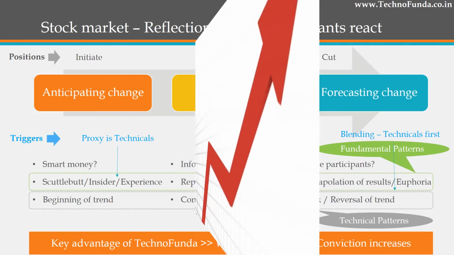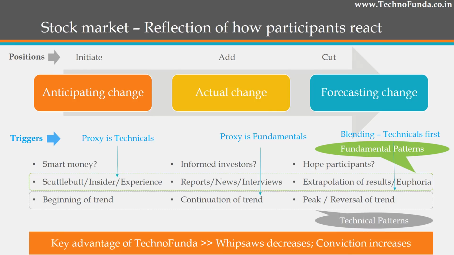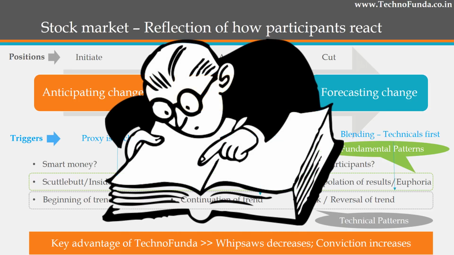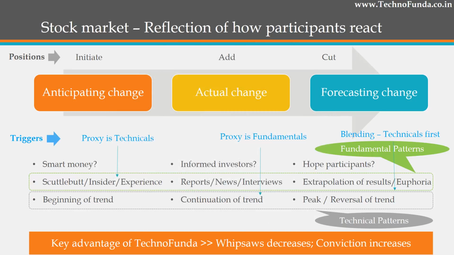So fundamentally we don't know at what valuation to buy, but here again we blend it with technicals to see the exact point at which we can basically average up, right? And there are various indicators which we use along with the fundamental analysis. Of course, we read research reports and try to get a sense of what is happening in the company, but that goes hand in hand with the technical indicators.